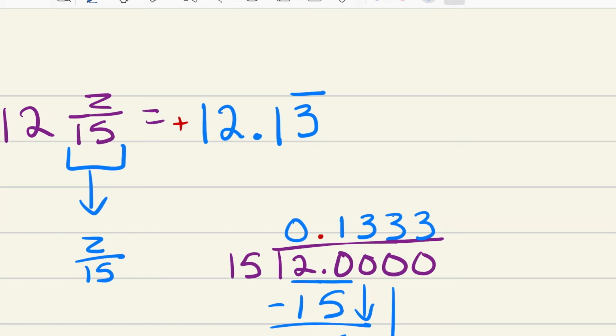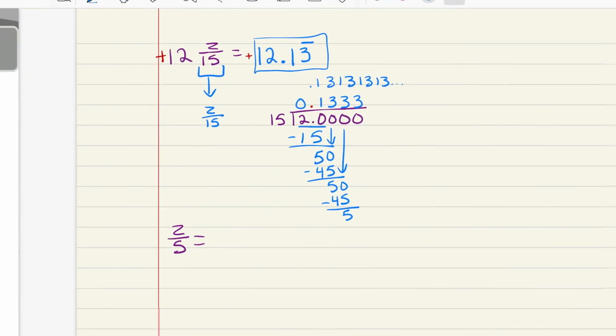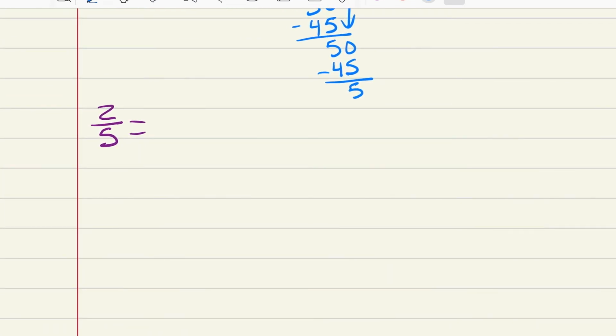Okay, just the 3. You don't want to put that bar over the 1 because that's saying 0.13131313, so on and so forth. This answer is just our 3 repeating. Okay, and we know that it's positive. Final answer.